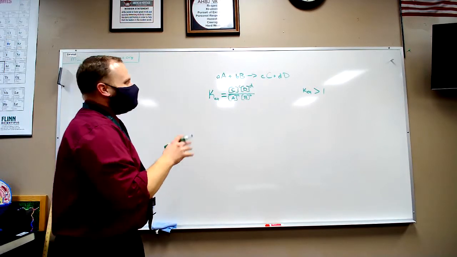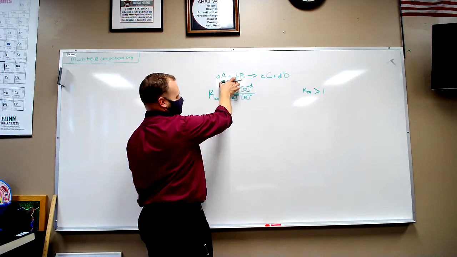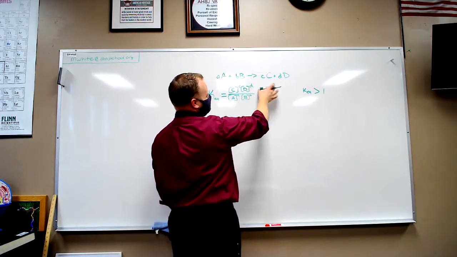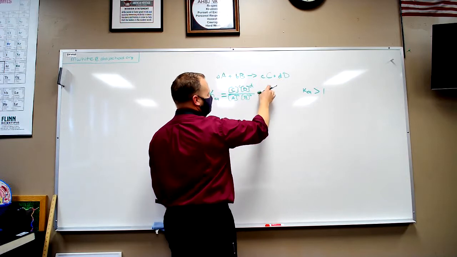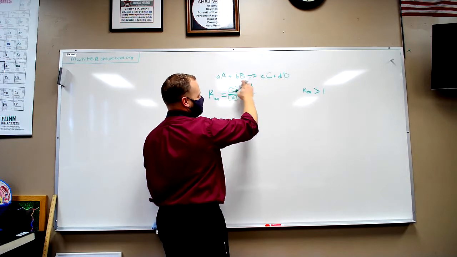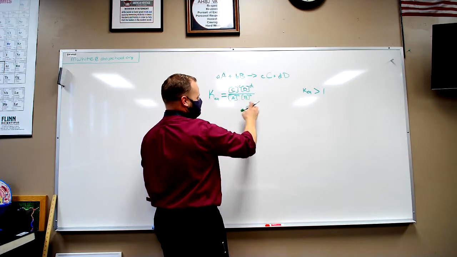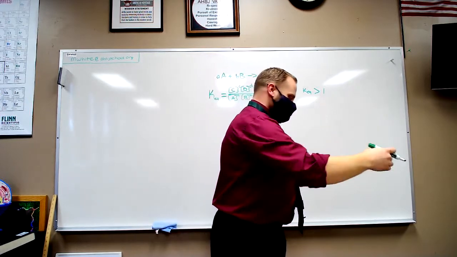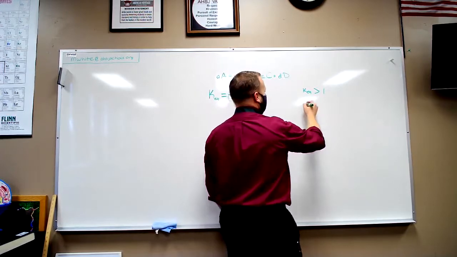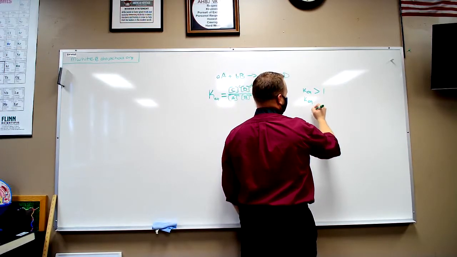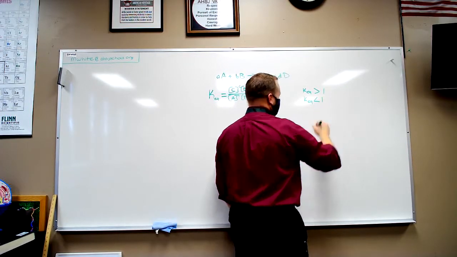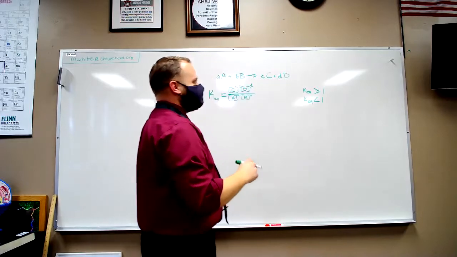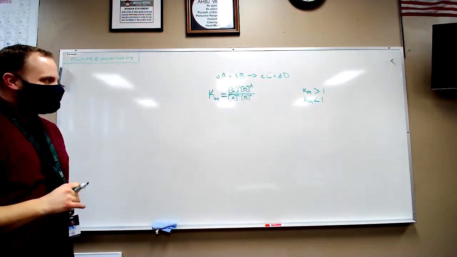Conversely, if you mix these together and it really doesn't produce a whole lot of that, you're going to have a small number up here divided by a bigger number. So if you have a smaller number divided by a bigger number, your equilibrium constant is going to be less than 1. So that's how we can judge these things.